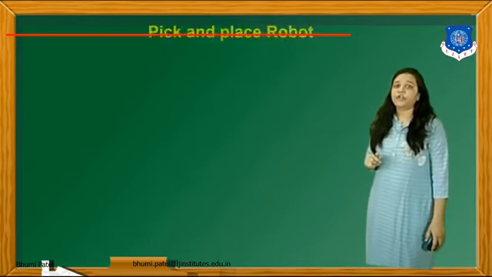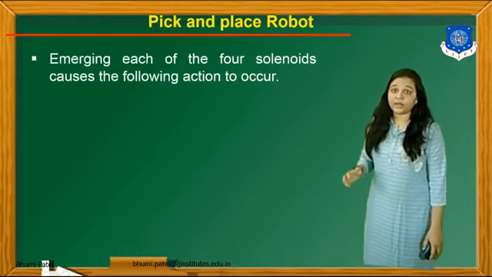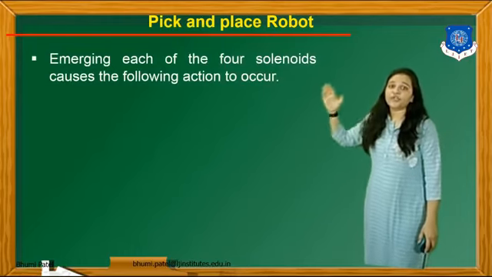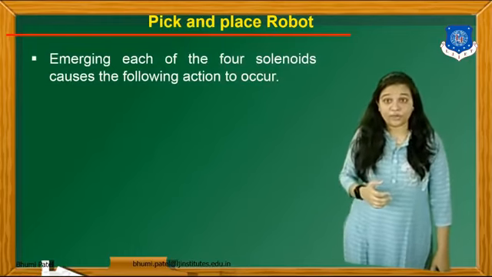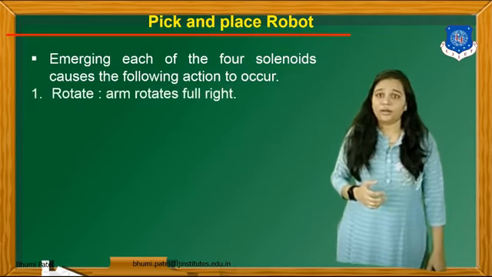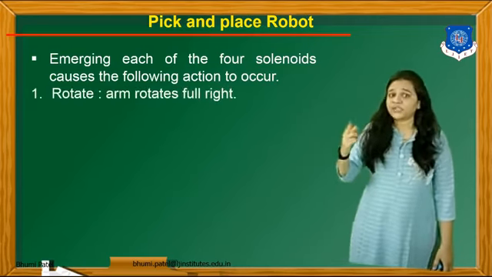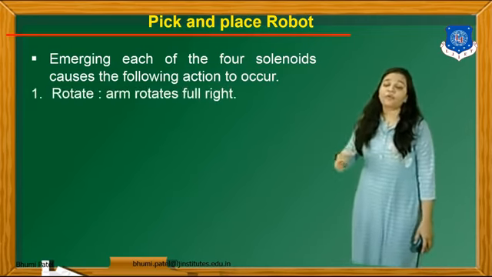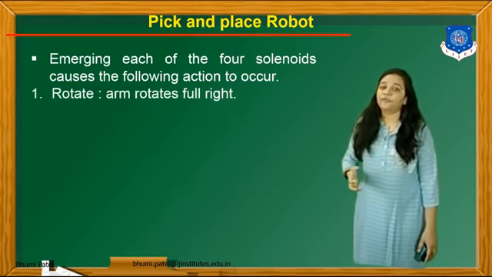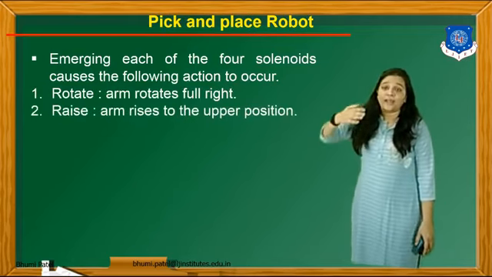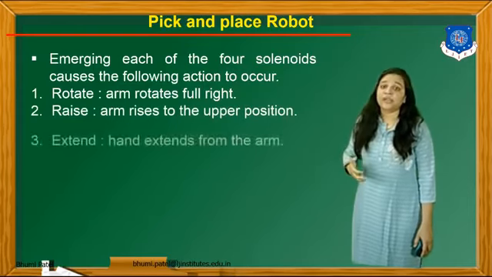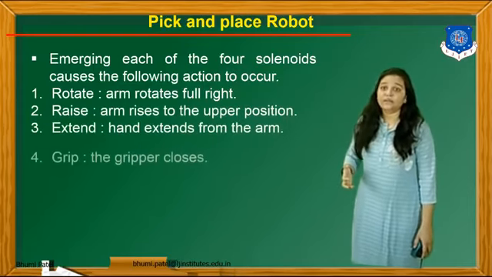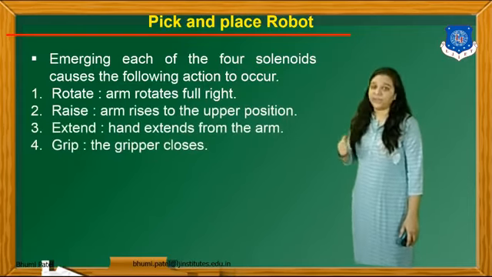First of all, for the pick and place robot, we have to imagine four solenoid coils, where the following actions will occur. The first action is rotate: we have to rotate the arm to the full right. Then we have to raise the arm. Then we have to extend the hand and then grip.